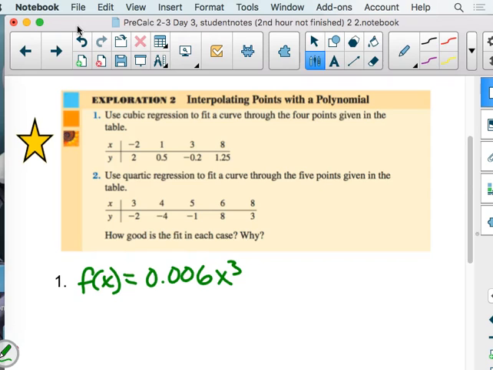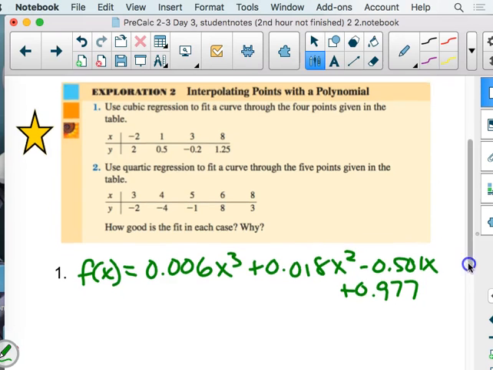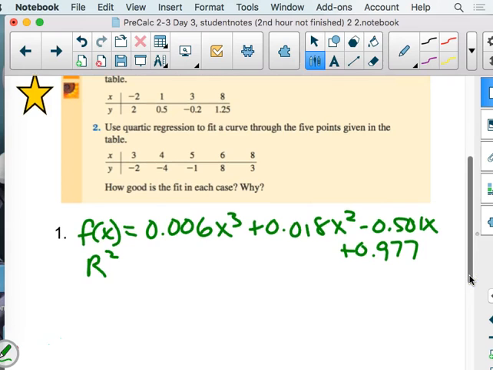Then we had 0.018x squared minus 0.501x plus 0.977. And again, the big deal about that was that r squared equaled 1. So this means this is a perfect fit.